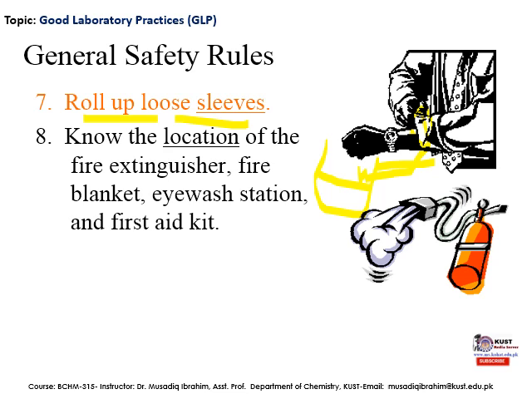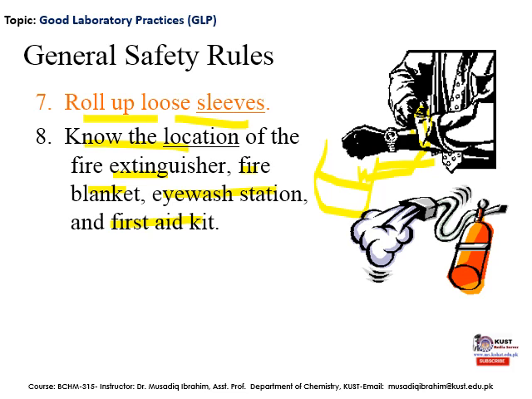Know the location of the fire extinguisher, which is always available in the lab. The fire blanket, that is where the fire blanket is, in case of any fire, you need a fire blanket to diminish the fire. Eye wash station, so that should be available within the lab. And most importantly, the first aid kit.